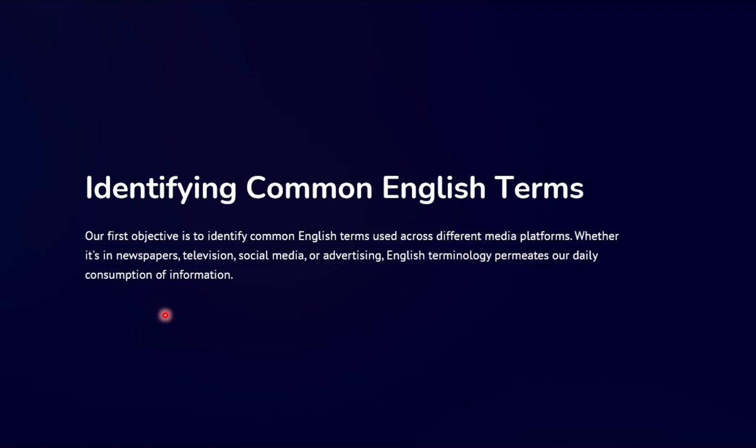So as you can see here, it is the same point: it's a must that you know general English terminology in order to send or deliver your message.